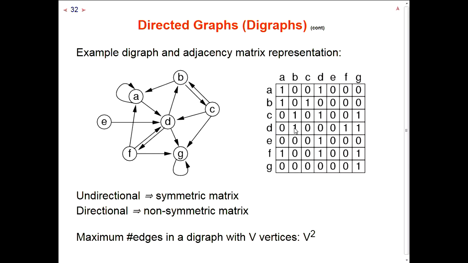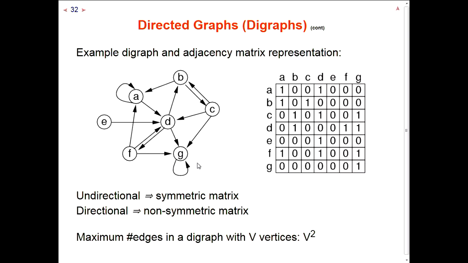So we have a 1 here, but a 0 here. We will also consider for digraphs that you can have loops, and therefore you can have a 1 somewhere in this diagonal. For instance, there is a self-loop A to A and another self-loop G to G that you can see here.